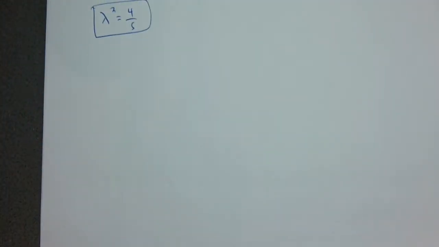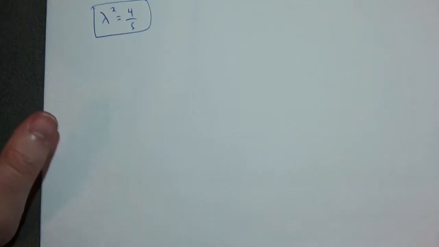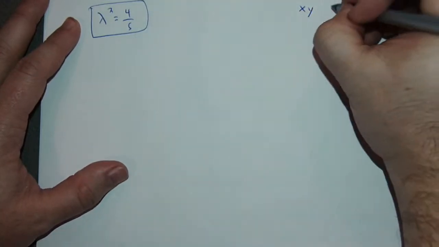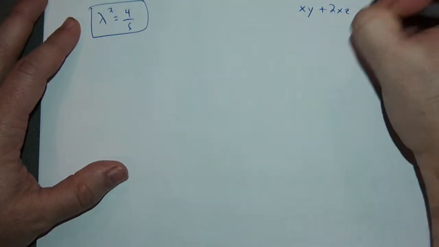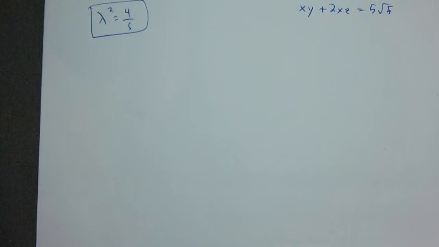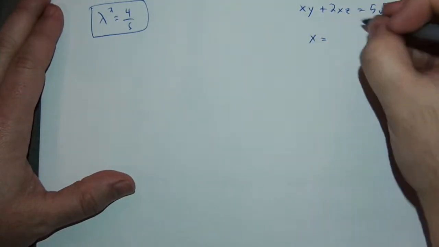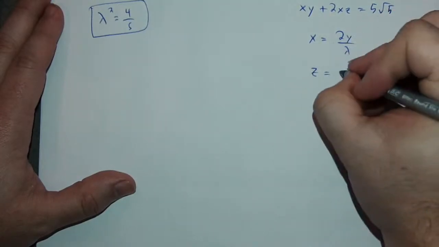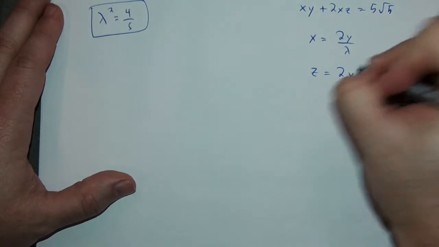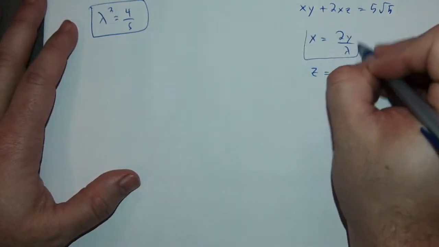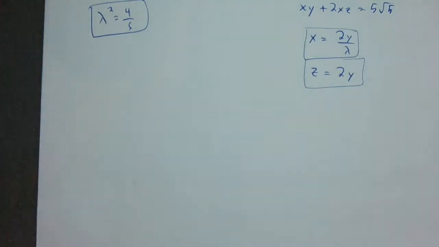Now, bringing back my constraint equation, I know that xy plus 2xz is equal to 5√5. And I found, after doing some algebra, that x is 2y over lambda, and z is 2y. So what if I plug these two things into this constraint equation?